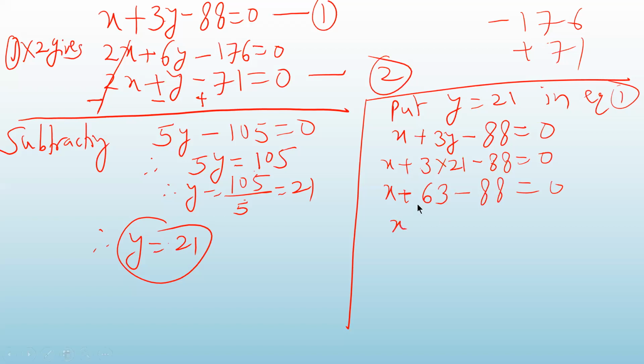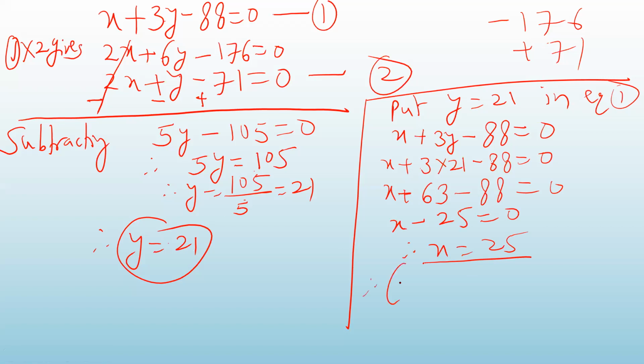Now plus 63 minus 88 will give you minus 25. So x is equal to 25. So when you solve these two equations, you got x equal to 25 and y equal to 21.